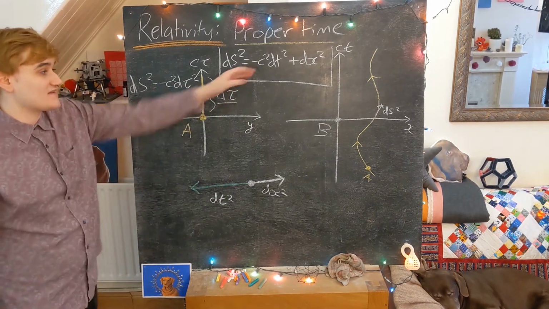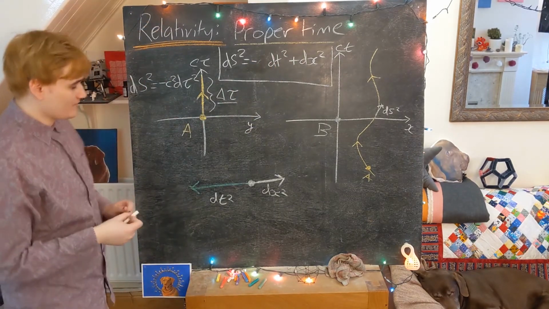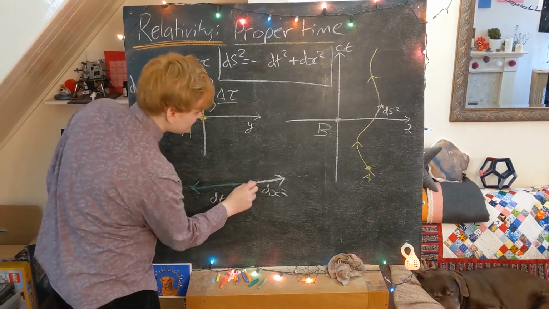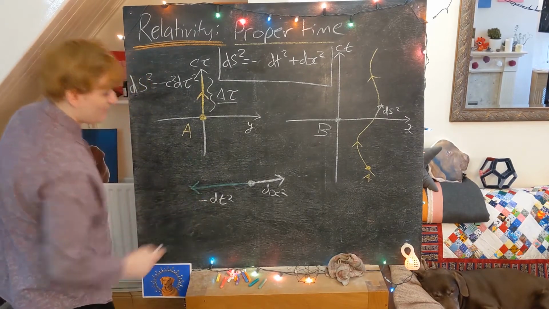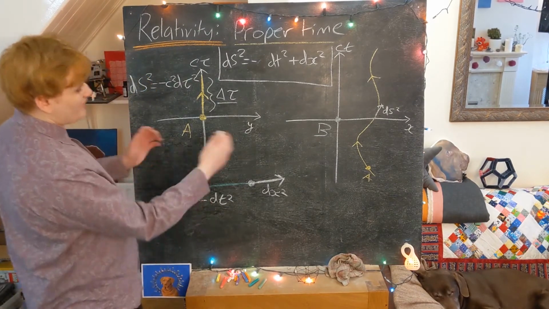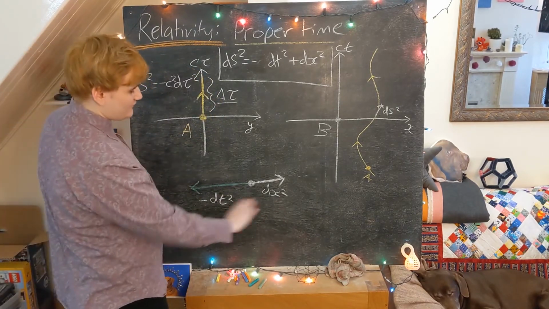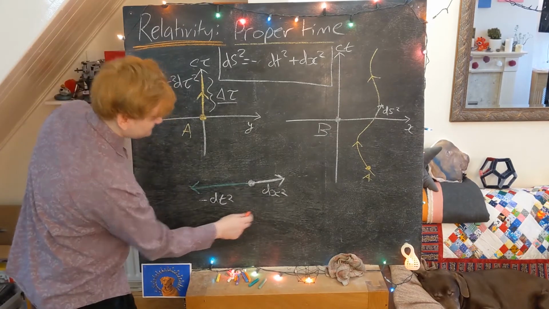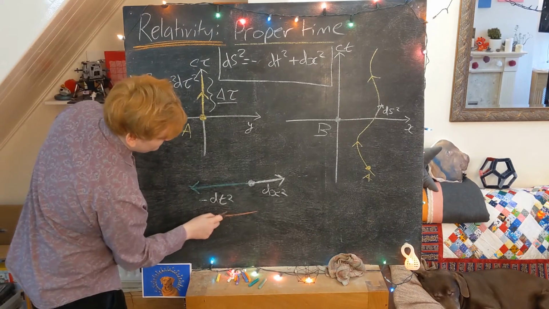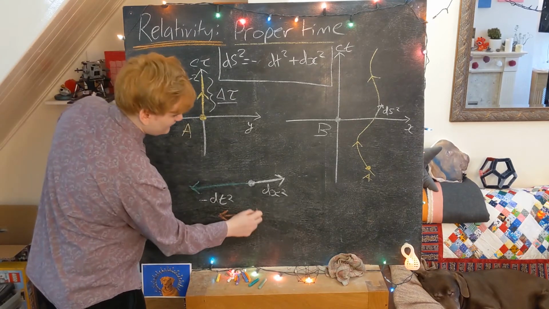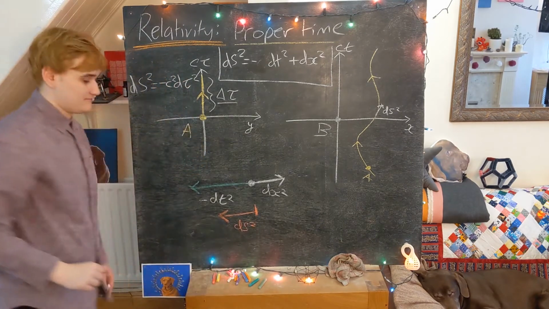So we can just ignore it and set c equal to 1 for now, which makes life a bit easier. Now these are our two vectors representing dx squared, and then minus dt squared, and then these are added together, and the overall result, which I'm going to draw underneath this picture, well, we go a small amount that direction, but more this direction, is going to be a vector like that, which is representing ds squared.